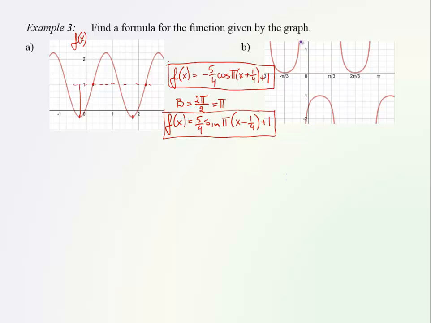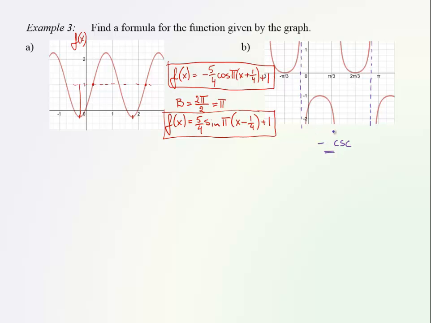Okay, let's see the second graph. If I choose the section from here to just about here, so this will be the one full period of some function. Well, what is this function? That looks like it's connected with cosecant, but it's upside down, so it's negative cosecant.